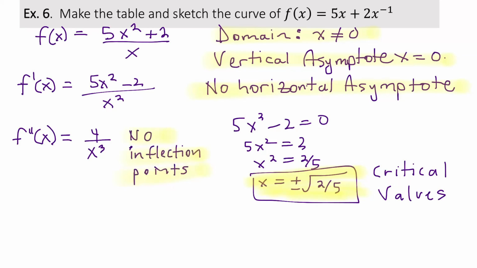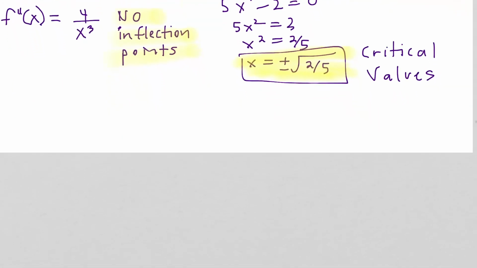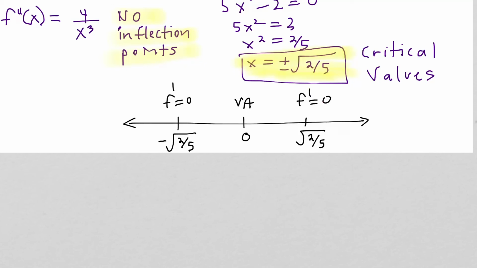Next, I'm going to set up my table, so I need my number line. And on my number line, I'm going to put on my vertical asymptote, which is at 0, and my two critical values. All right, so now I'll draw my table.